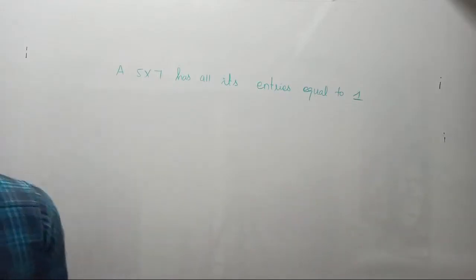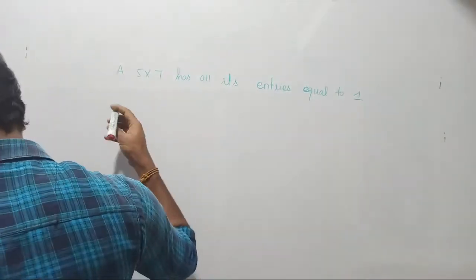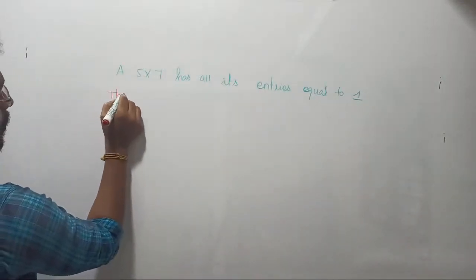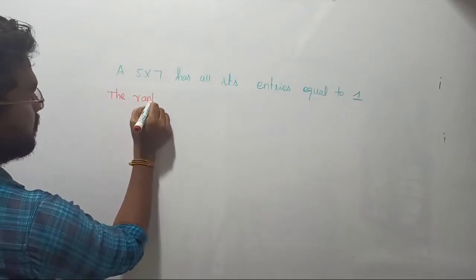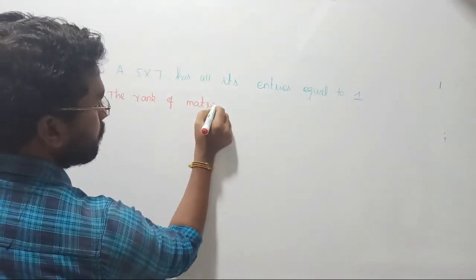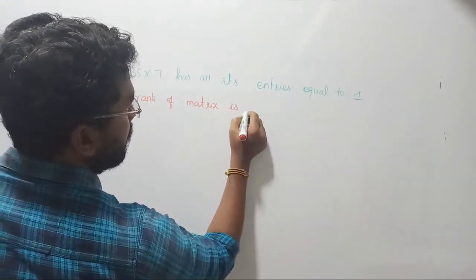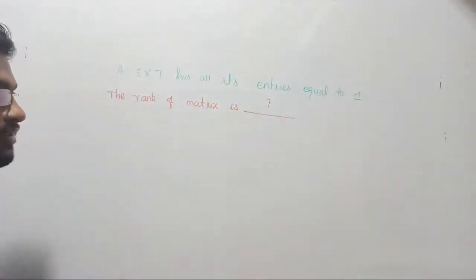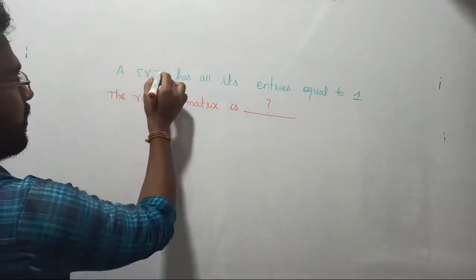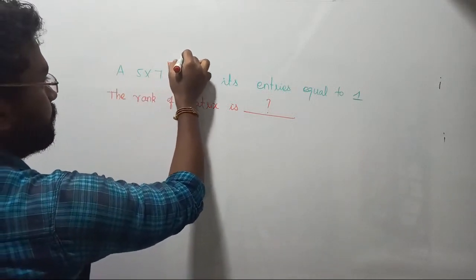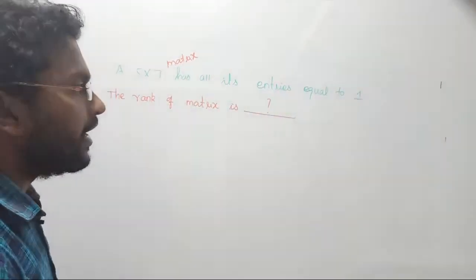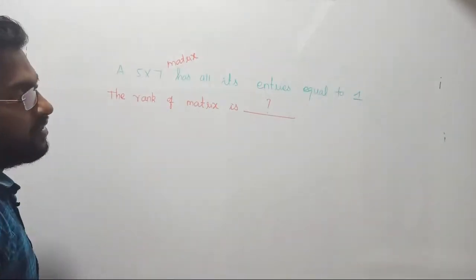Okay, let me stop writing with the green marker. Fine. The question is, the rank of the matrix is dash. Can anyone please post the answer? The question is, a 5 cross 7 matrix has all its entries equal to 1. The rank of the matrix is dash.